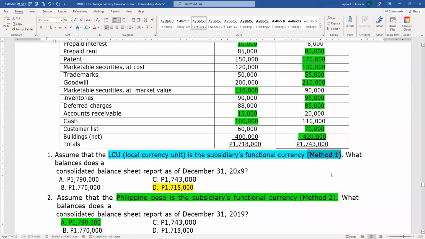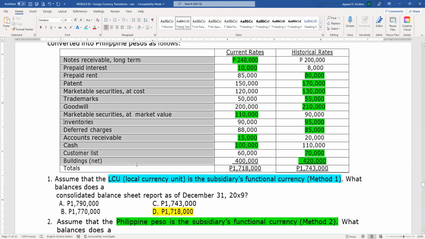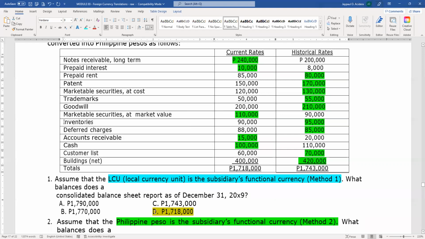Itong method 1 sinulat, tinype ko lang to, no? Pero sa problem, hindi sasabihin na method 1 or current rate method. Okay, so for illustration lang yan. So for example here, in answering number 1, since it's method 1, lahat yan, all monetary or non-monetary assets will be recorded at the current rate. So simply the answer for number 1 is the total of the current rates.